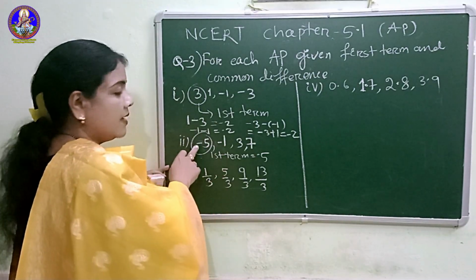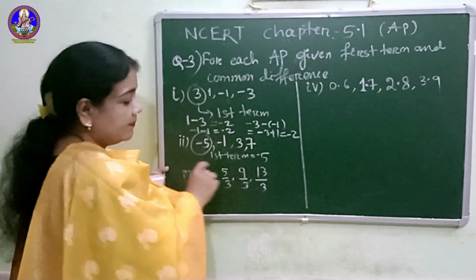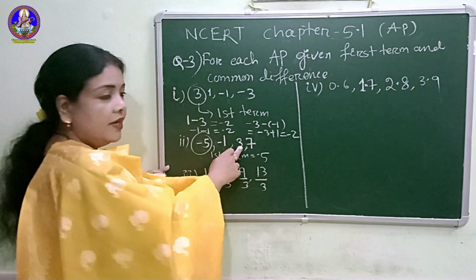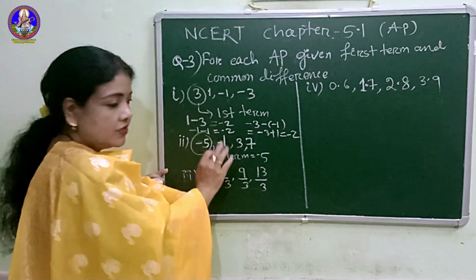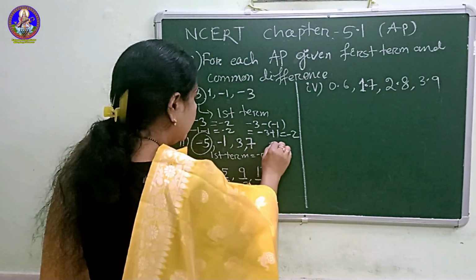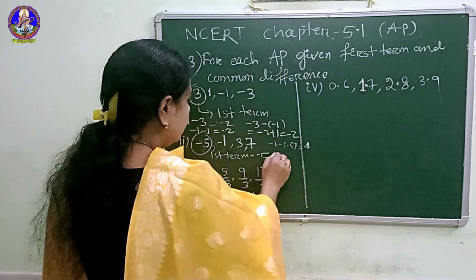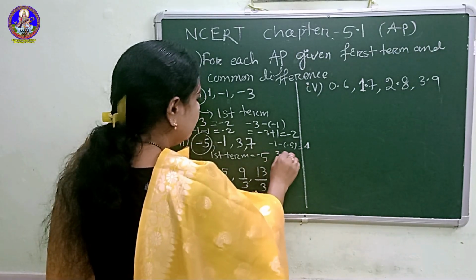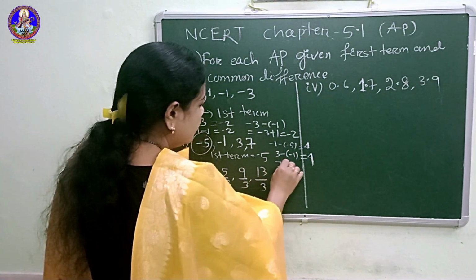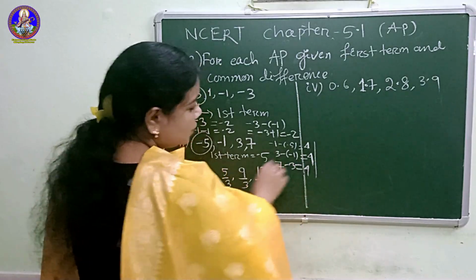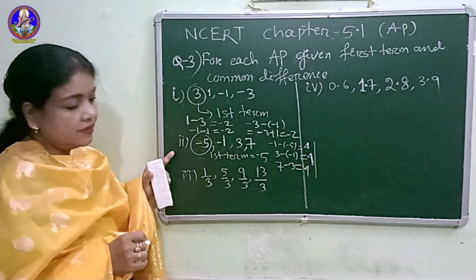Minus 1 minus of minus 5, that is minus 1 plus 5, is equal to 4. 3 minus of minus 1 is also 4, and 7 minus 3 is equal to 4. So 4 is the common difference, and the first term is minus 5.